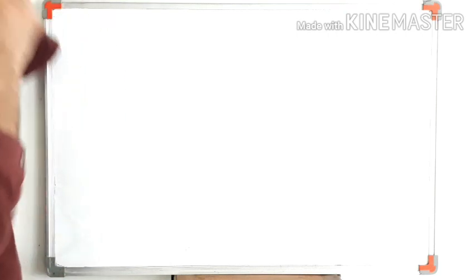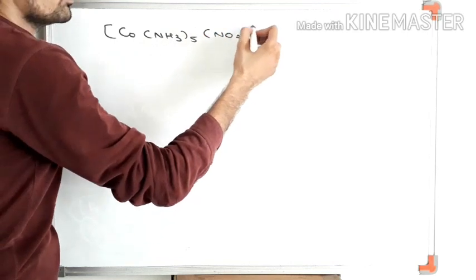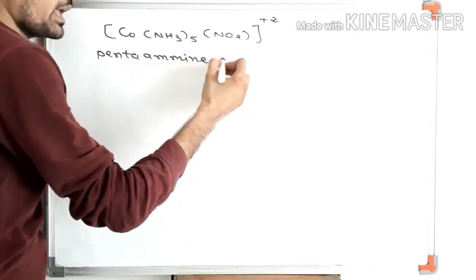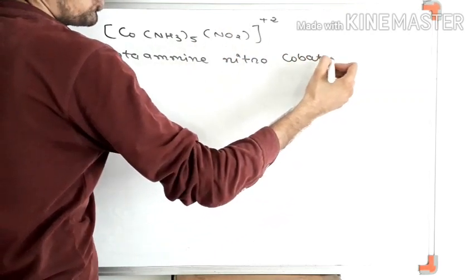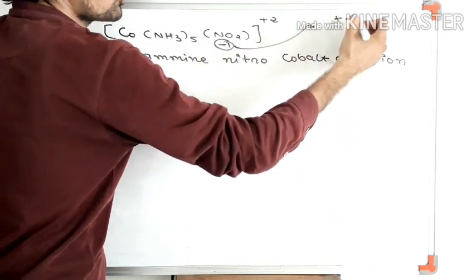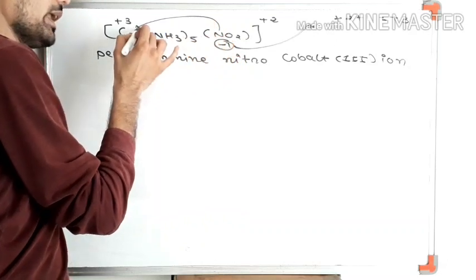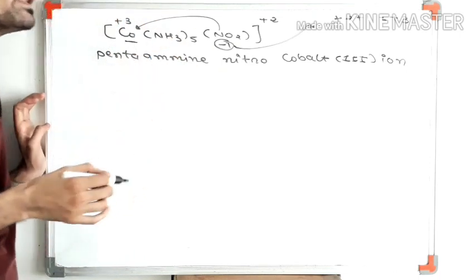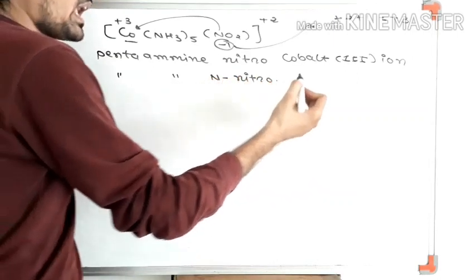Here is an example: [Co(NH3)5(NO2)]2+. The name should be pentaamminenitrocobalt(III) ion. The charge is -1 plus 2 plus 1 equals +3. In NO2, nitrogen is linked with cobalt, giving its lone pair towards cobalt and making a coordinate covalent bond. So pentaamminenitrocobalt(III) ion.